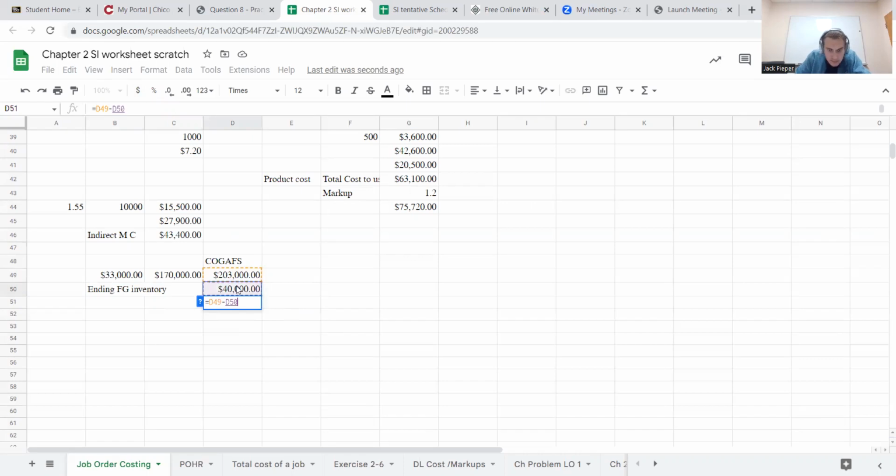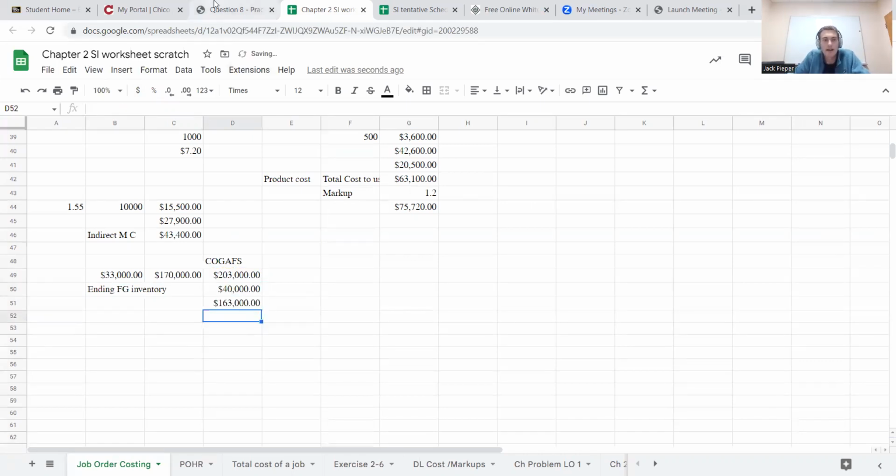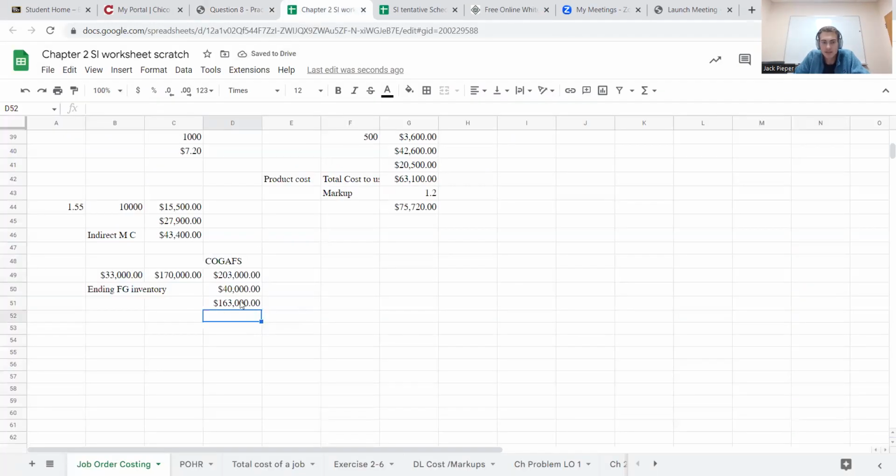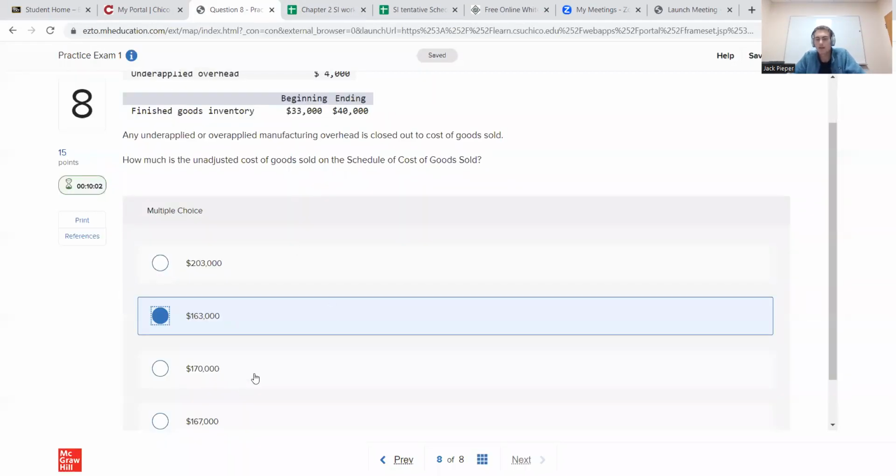And that means our unadjusted cost of goods sold is 163,000. Always nice to have that number be immediately available to us and apparent.